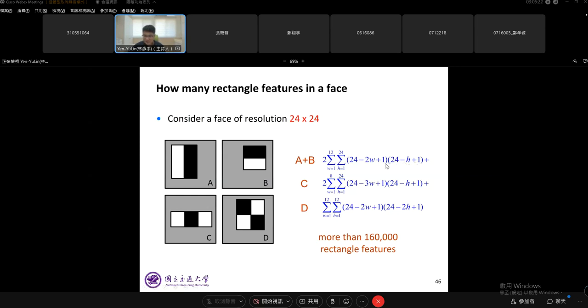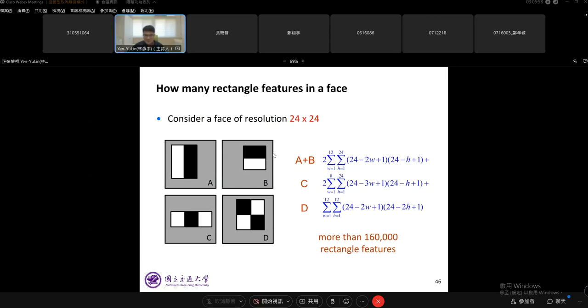The multiplication indicates the number of rectangle features with a rectangle size W by H. However, we can consider different sizes: W ranges from 1 to 12, because this is a horizontally connected two rectangle feature, so the possible size is 12, and H ranges from 1 to 24.